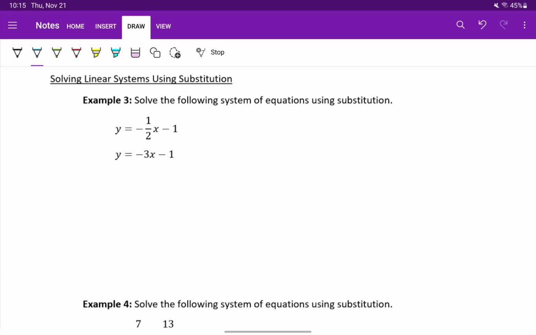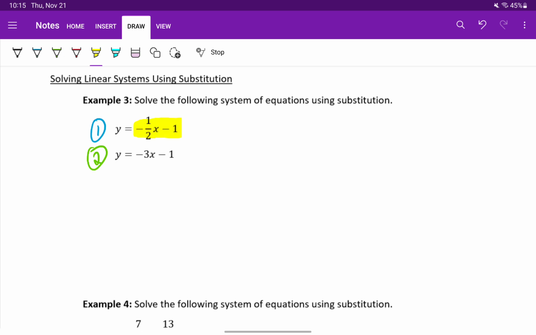For instance, in example 3, we have y equals negative 1/2 x minus 1, which we'll refer to as equation 1. And we have y equals negative 3x minus 1, which we'll refer to as equation 2. We want to use a process called substitution to solve this system of equations. What that means is we're going to take the fact that this first equation is already solved for y.